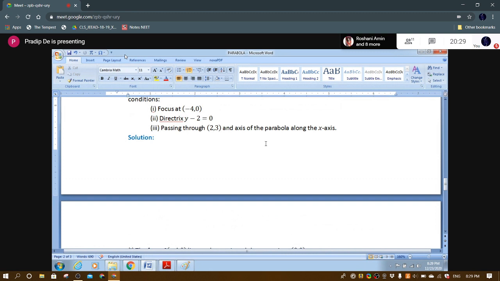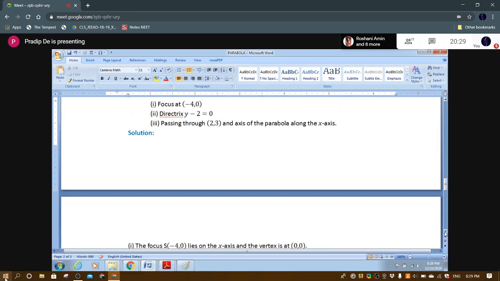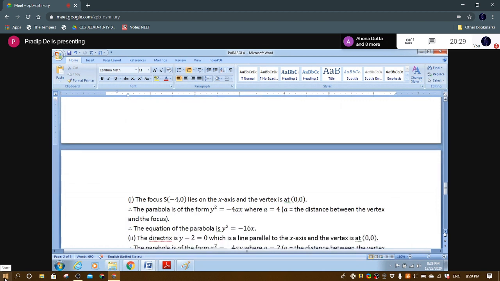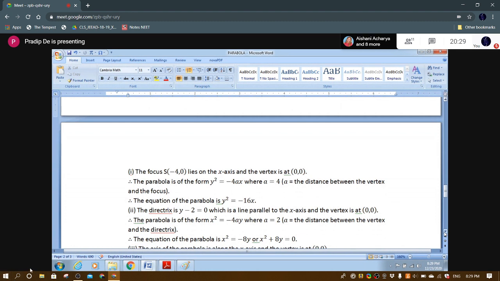and the equation x squared equal to minus 4ay, x squared equal to minus 8y, or x squared plus 8y equal to 0. The directrix is y minus 2 equal to 0, which is a line parallel to the x-axis, and the vertex is at (0, 0).